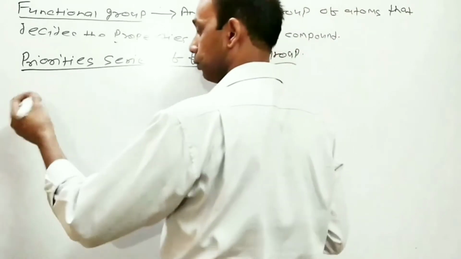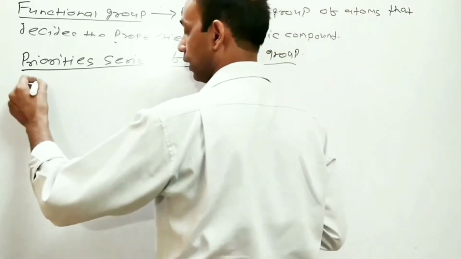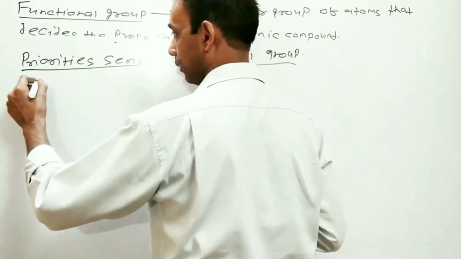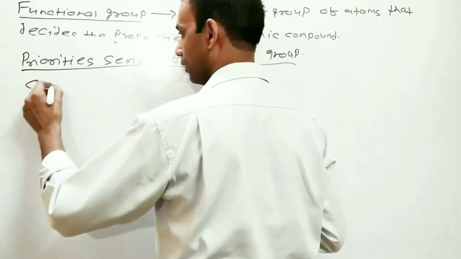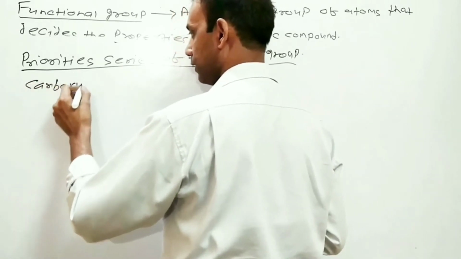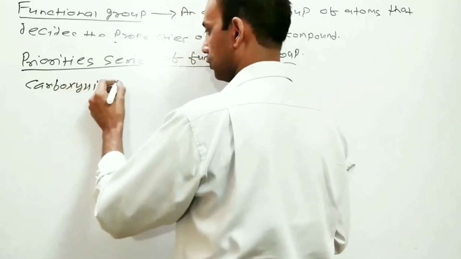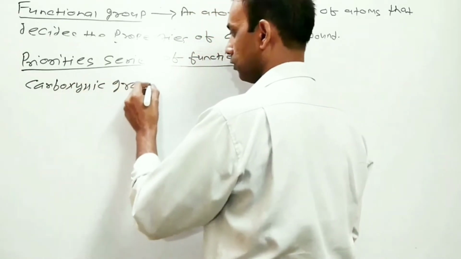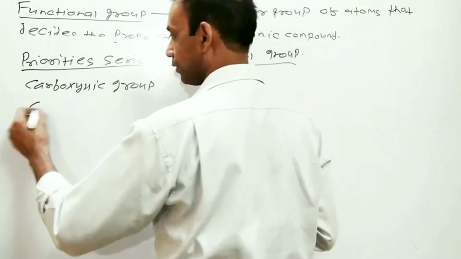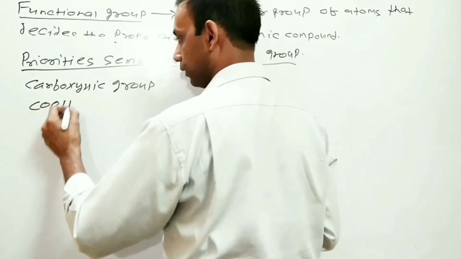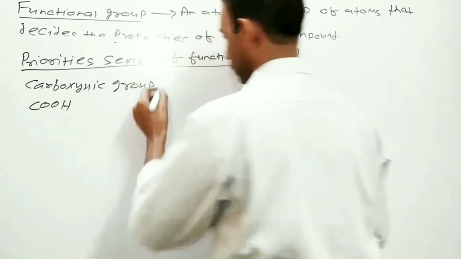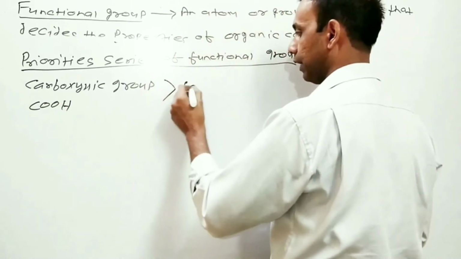The first, the most important one is the carboxylic group, right? The carboxylic group formula is COOH. And then you have the sulfonic group.